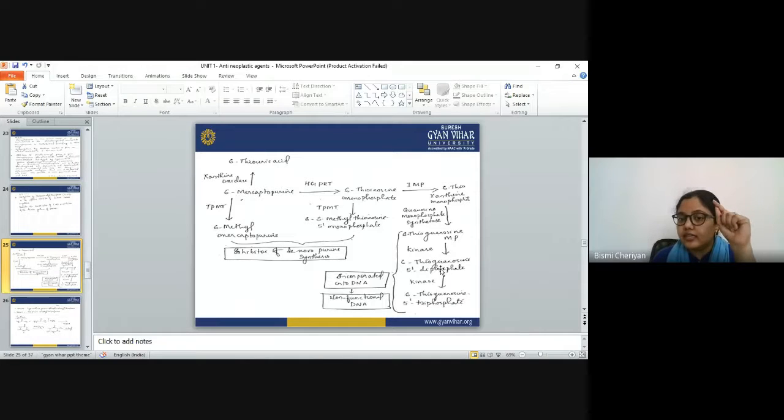After that, this 6-thioguanosine 5-diphosphate is converted into the triphosphate in the presence of again kinase enzyme.